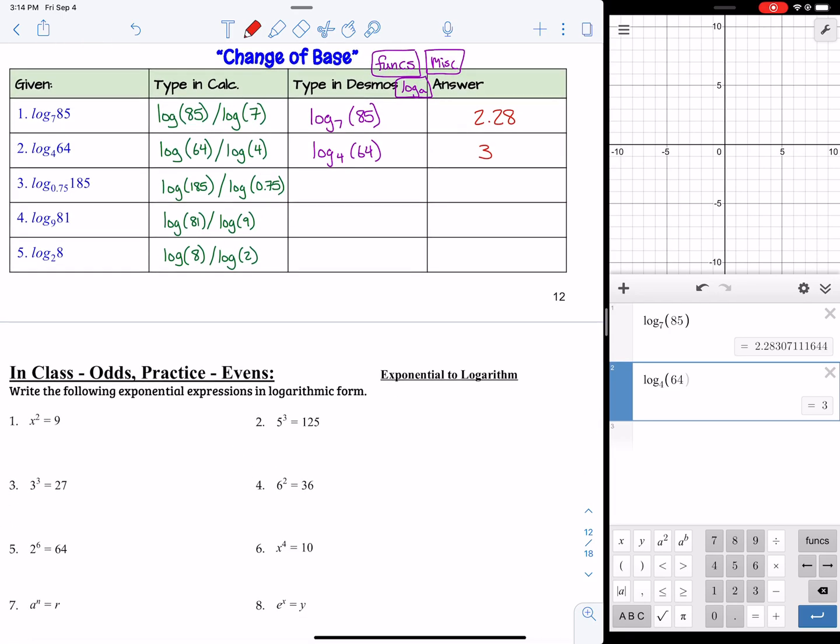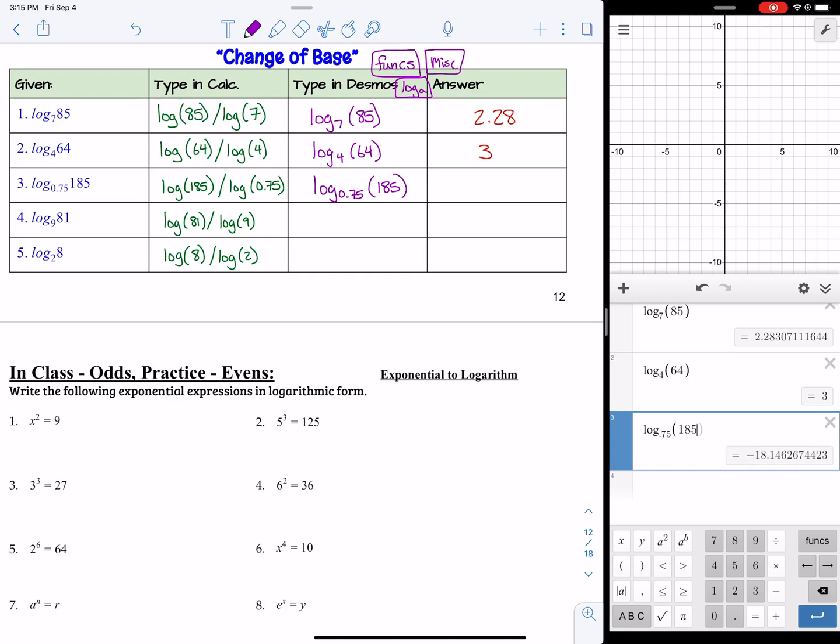Okay, so for number 3, you're able to type it like it looks. So notice you can type in that little base of 0.75 and take the log of 185. So I'm going to type functions, miscellaneous, log base A, 0.75, and then 185. So I get negative 18.15.